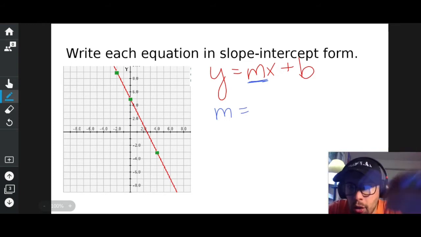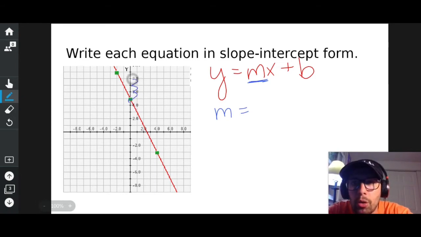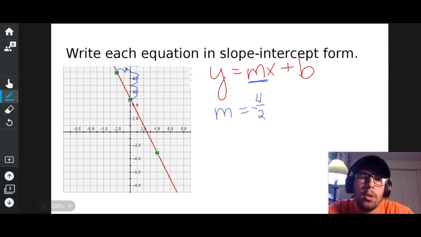These are weird looking graphs, but it's still the same thing. It just says 6.0 instead of 6. I don't know why. Maybe they think they're computers. I go up 1, 2, 3, 4. I can go left 1, 2. So my slope is negative 4 over 2, negative 4 divided by 2. Can I simplify that? Yep, it simplifies to negative 2.